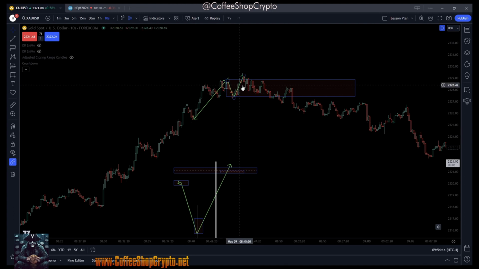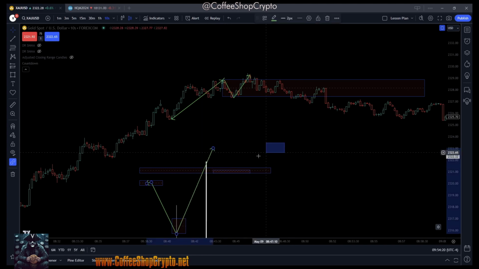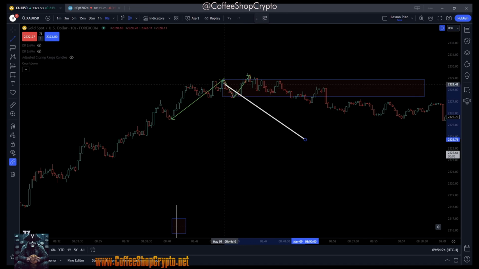Now you know where your resistance actually is. This was resistance. There was so much resistance. Get rid of this. There was so much resistance in this leg that it superseded what came before it. I already removed it. There's so much resistance here that you have to count this as a resistance zone.